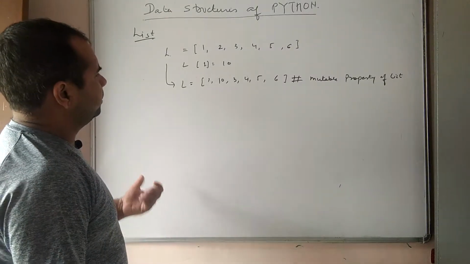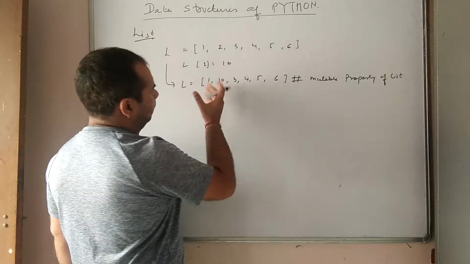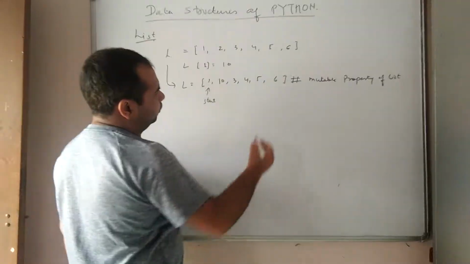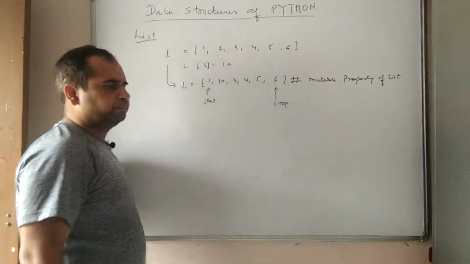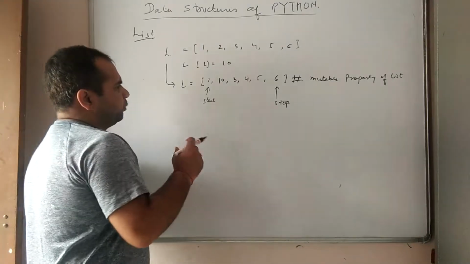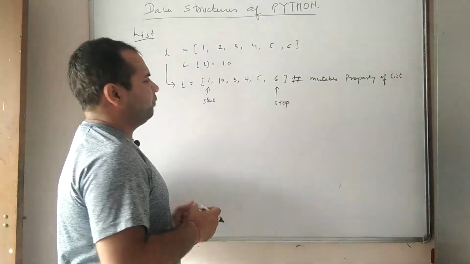Now this is a simple list, and this is known as the start index, this is known as the stop, right? Now let us do some operations on this list and see what we get.